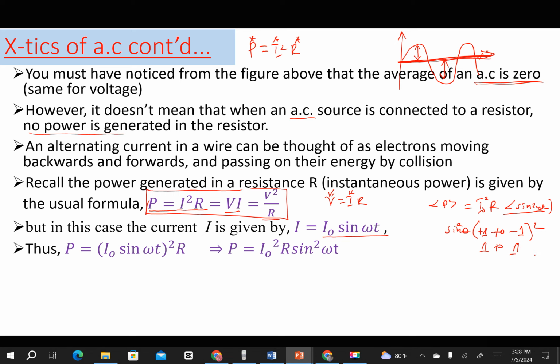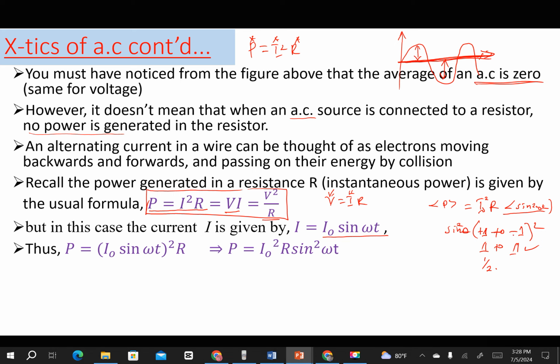So it means I have 1 to 1. So the average is going to be 1 divided by 2. This is still 1, which is going to be the maximum. The minimum is going to be 0: when t is equal to 0, sine squared omega t is going to be 0.